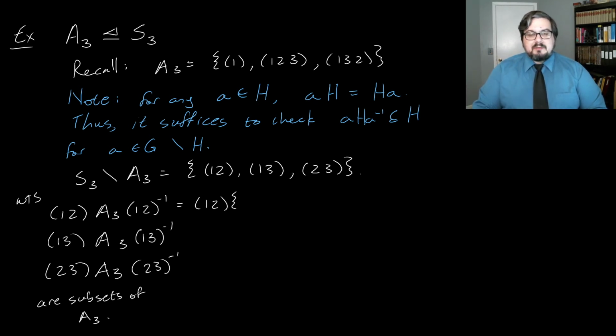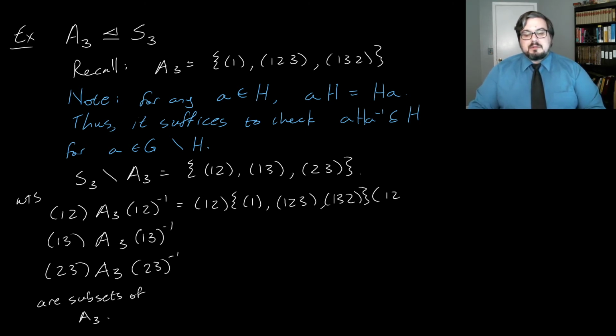So we have that A3 is {(1), (1 2 3), (1 3 2)}. And we also have that the inverse of the cycle (1 2) is just (1 2) itself. And so now we're going to take (1 2) and multiply it by (1), and then multiply it by (1 2) on the right.